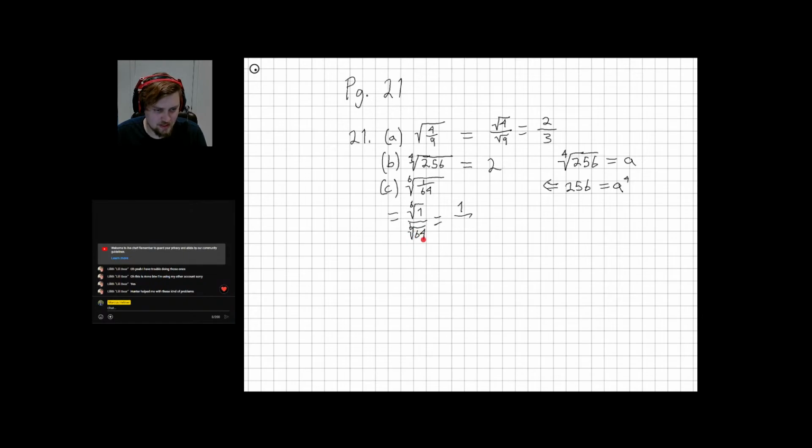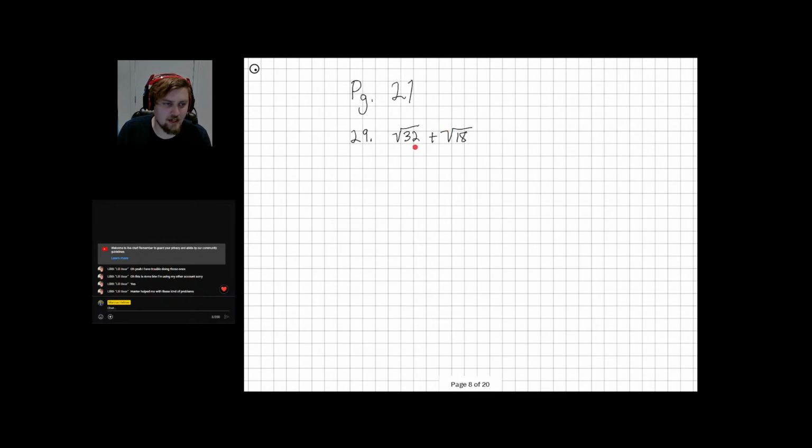If I take 2 to the 6th power, that's 64. So this is exactly 1/2. And really the biggest property we're using is just that roots distribute over division and multiplication.